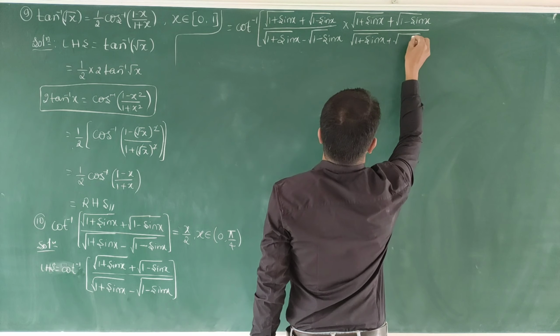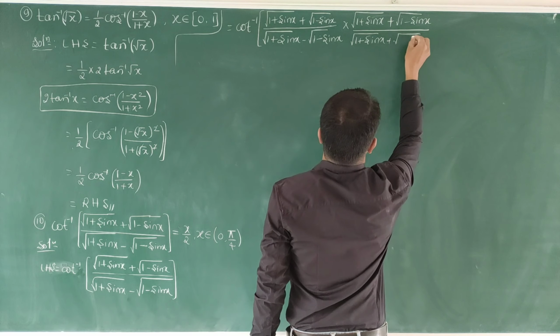So this is a square minus b square form, that is 1 plus sin x minus 1 minus sin x.